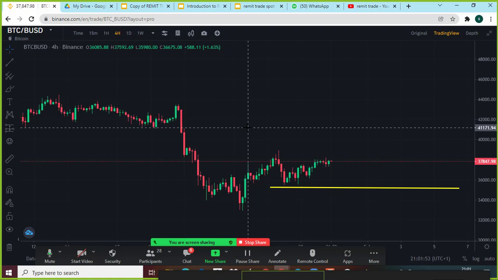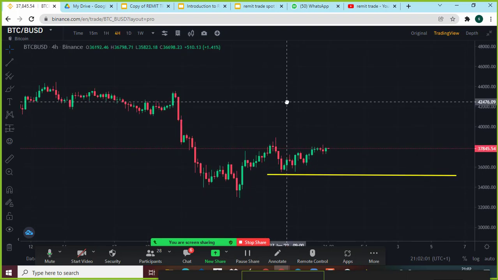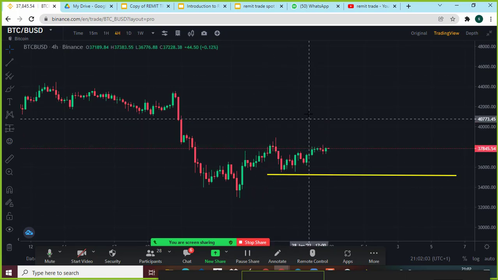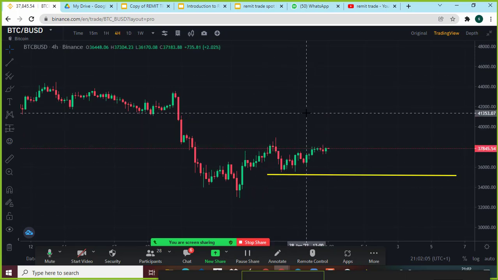That is where it comes from. It was first used and developed by the Japanese traders, so that is why it's called Japanese candlestick.